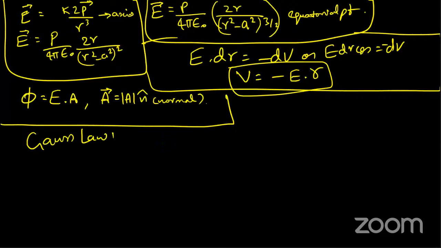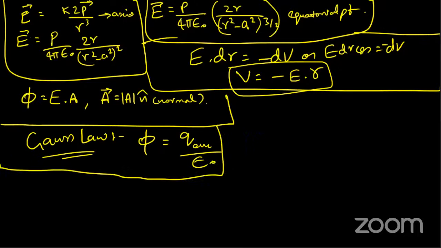For flux, we found the expression Q enclosed upon epsilon naught. So using this, we try to check for the sphere, infinite rod and infinite plane conditions.